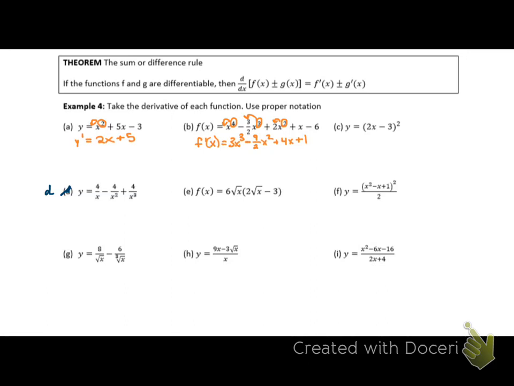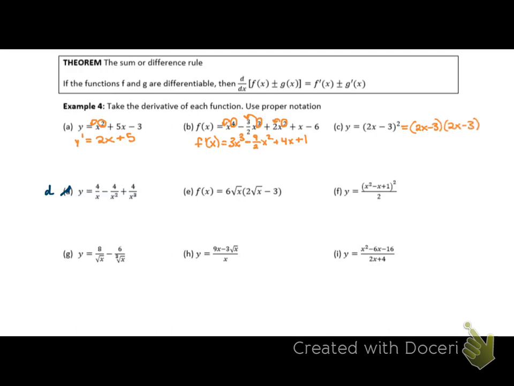For part C, we cannot leave it like this. We don't know a rule yet for a function inside of another function. So for now, we're just going to have to take the 2x minus 3 and double distribute it. So when we do, we have 2x minus 3 times 2x minus 3.